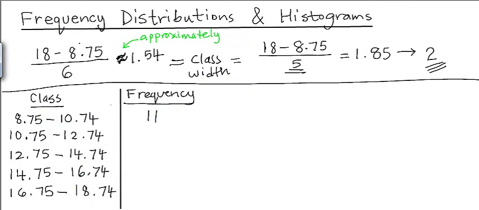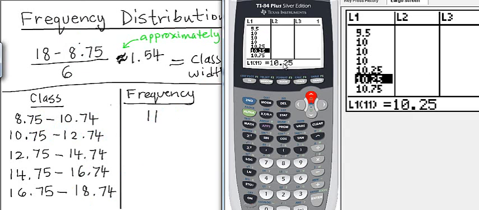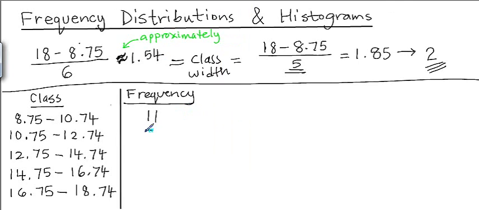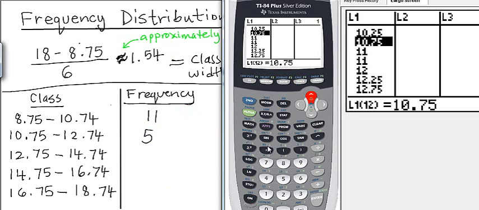Okay, how many do I have between 10.75 and 12.74? That's 1, 2, 3, 4, 5. 5. How many do I have between 12.75 and 14.74?